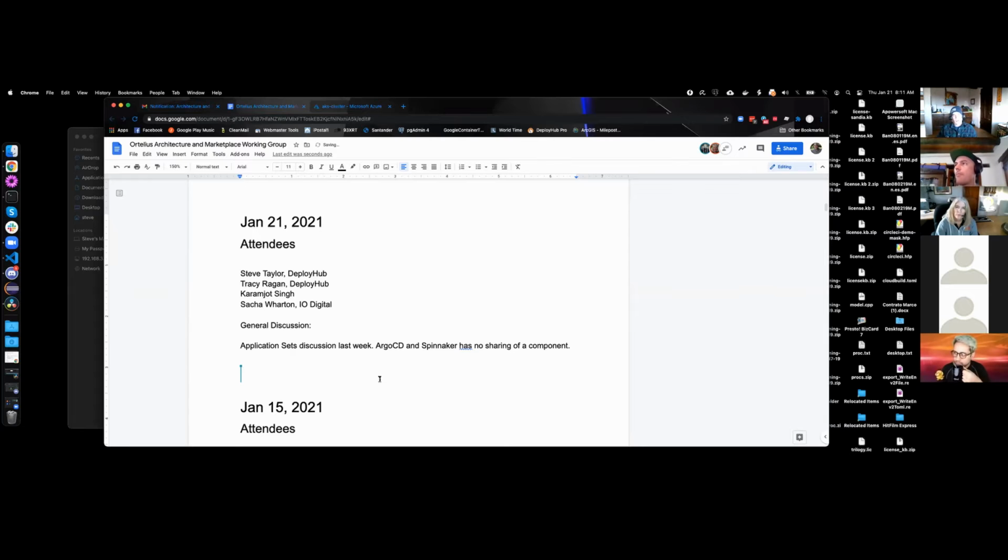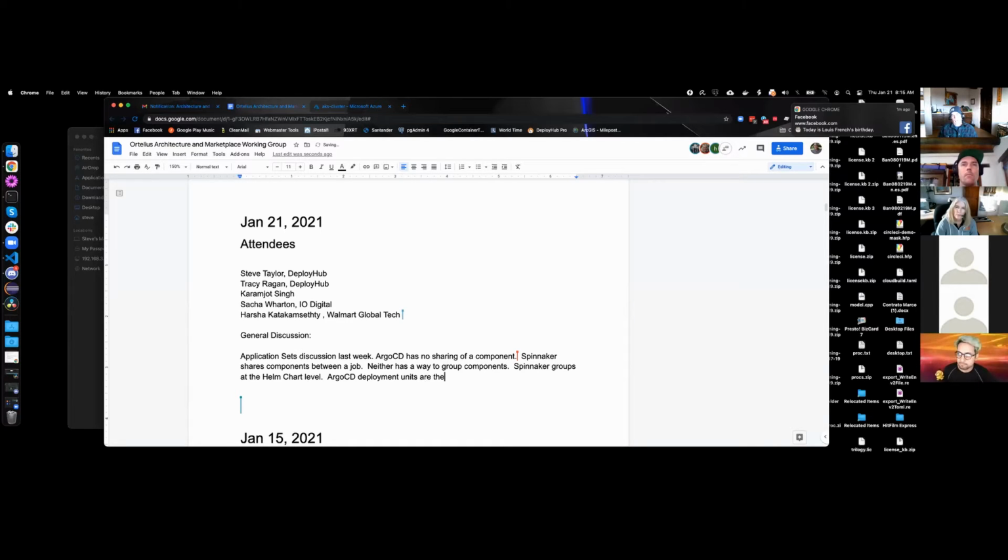And Argo CD is the same way. Deployment units are basically the deployment file, the deployment YAML. So everything is done at the chart level in Spinnaker.